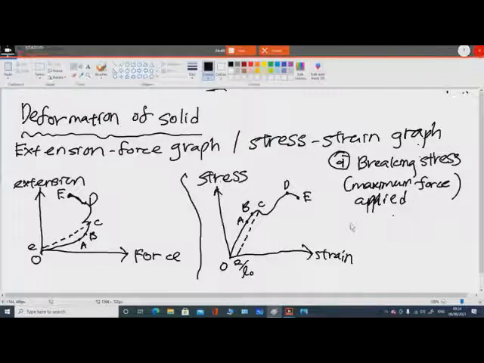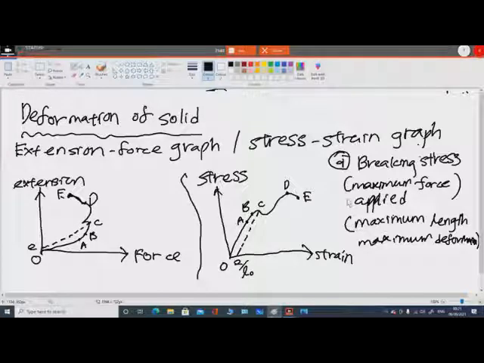At the same time, this is the place where the object has its maximum length and also maximum deformation. So this is the maximum length and the maximum deformation point. This is what we call breaking stress.